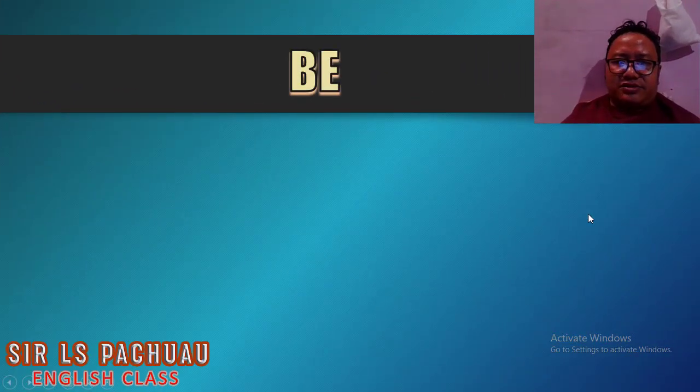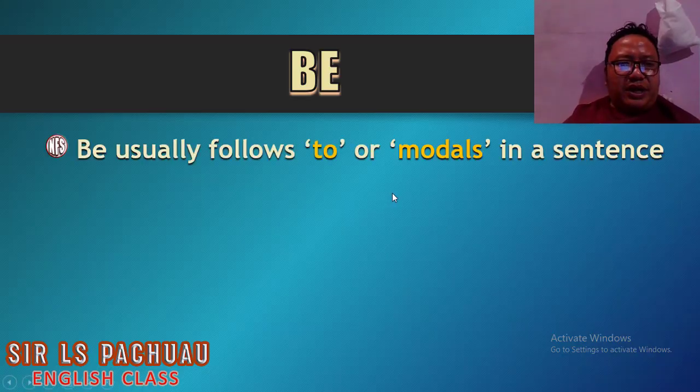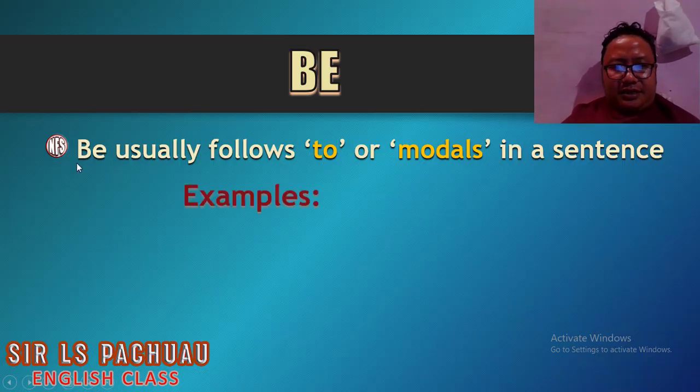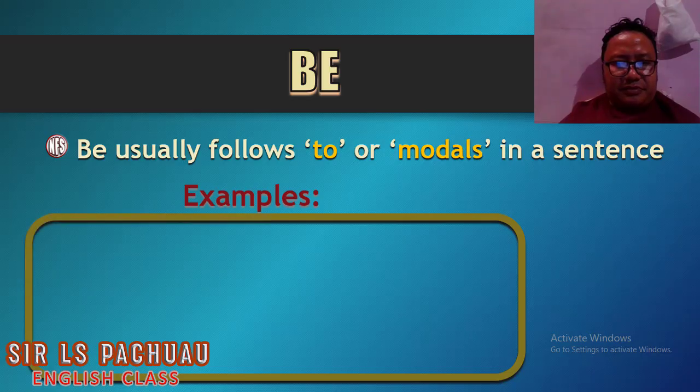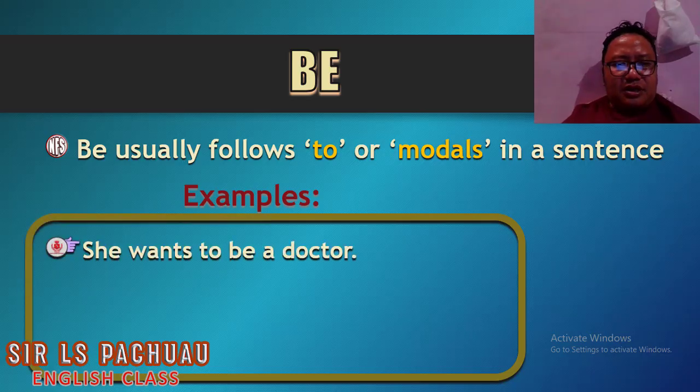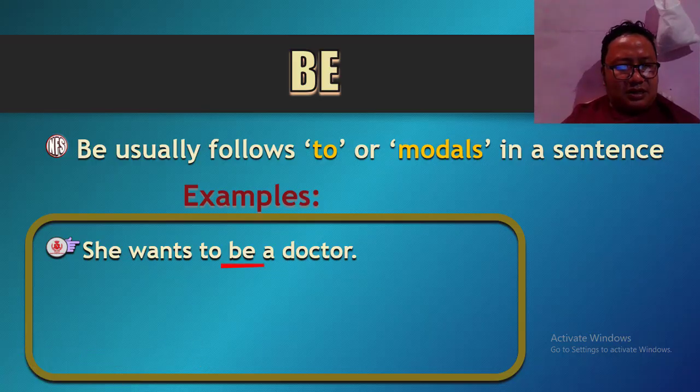So let's try working with be verbs. Be usually follows 'to' or modals in a sentence. Do not worry about these modals because we are going to learn them. I want you to concentrate on this 'to', T-O. Here are the examples. She wants to be a doctor.